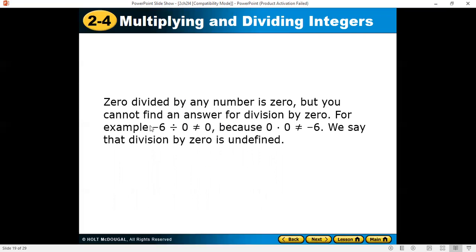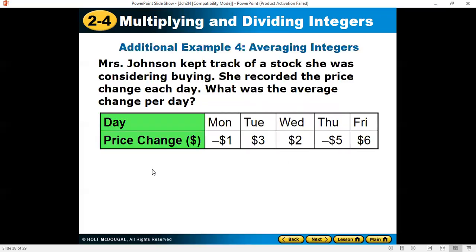But if I try to undo negative 6 divided by 0 and say it equals 0, then 0 times 0 is not equal to negative 6, which means division by 0 is undefined. So if you have any number divided by 0, we have to write the answer undefined.